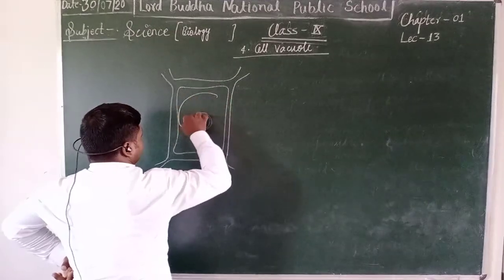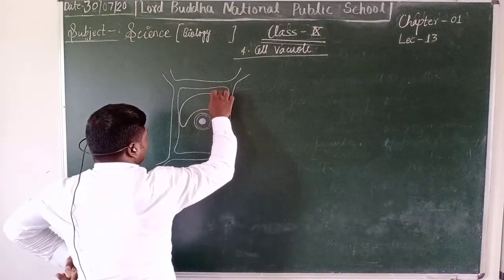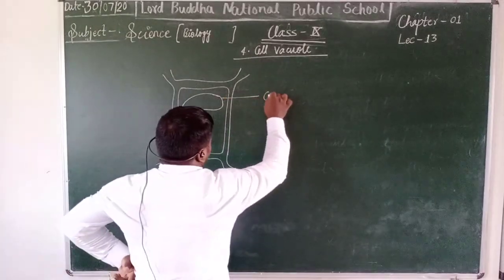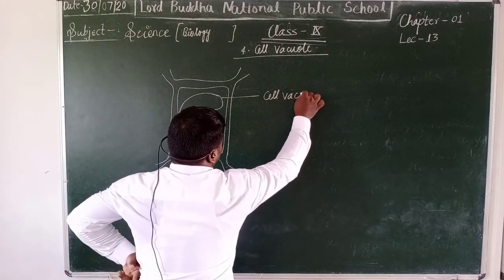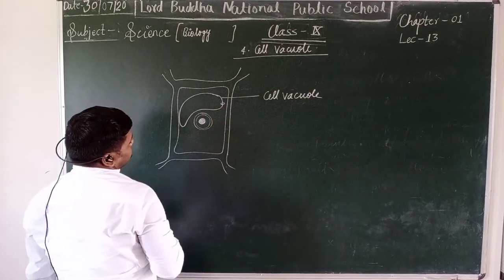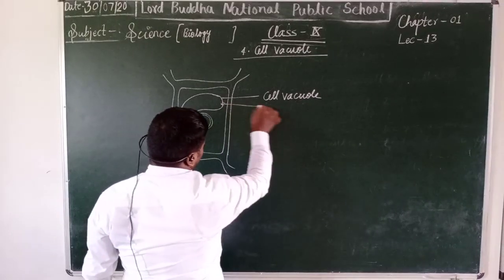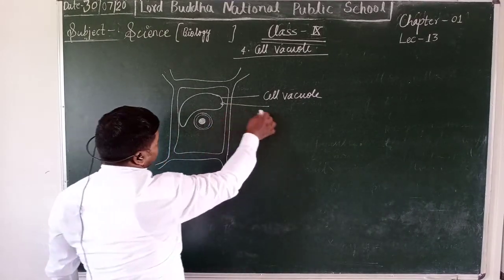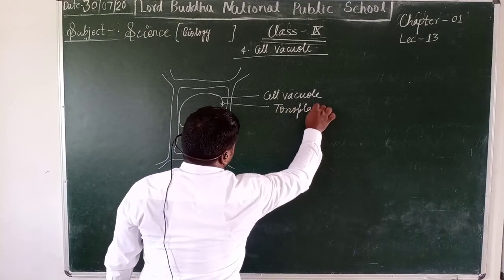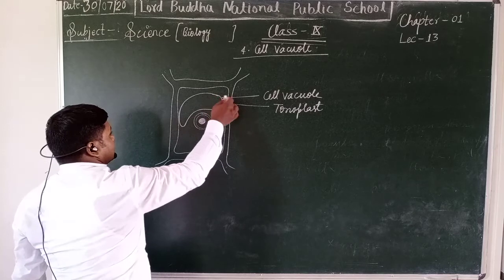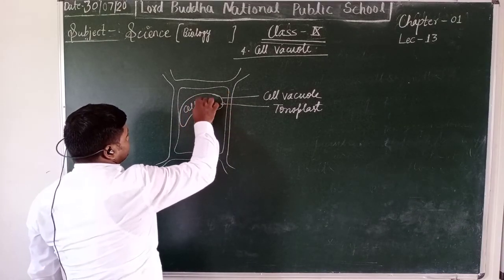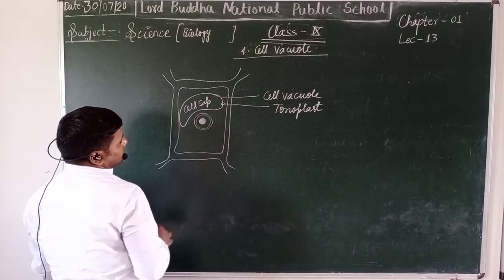It is a large, sac-like, unit membranous structure that is called the cell vacuole. The membrane by which it is bounded is called the tonoplast. Inside the tonoplast, a fluid-like substance is filled, that is called cell sap.